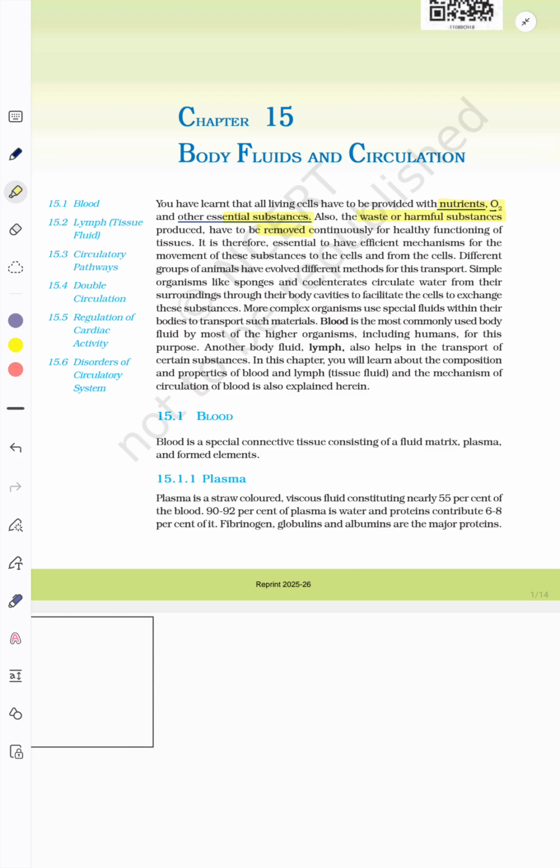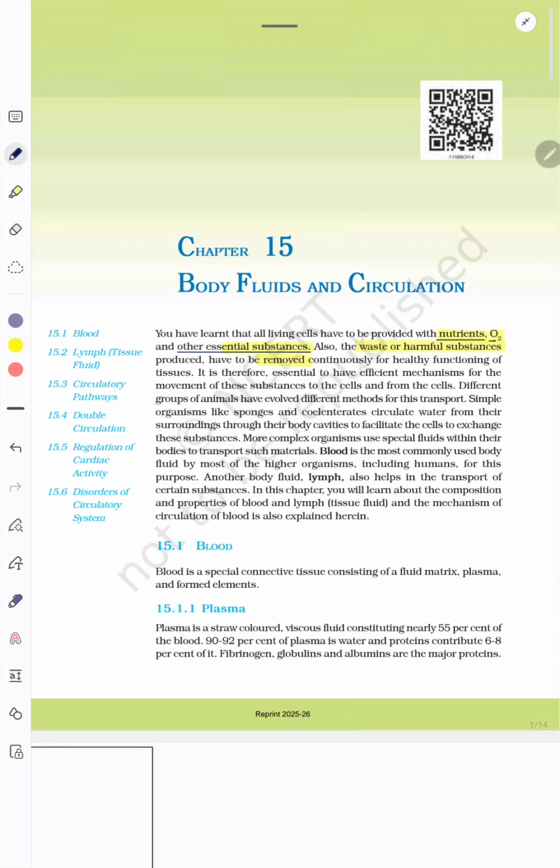So we need to give a cell or a tissue. So basically first, what is tissue? So we have studied what is tissue.